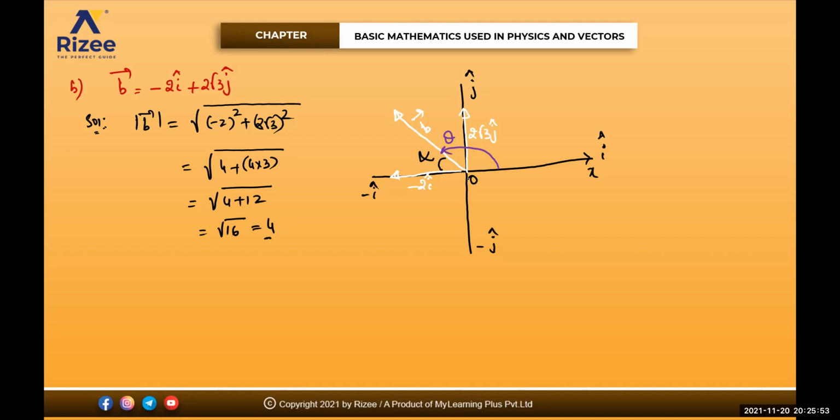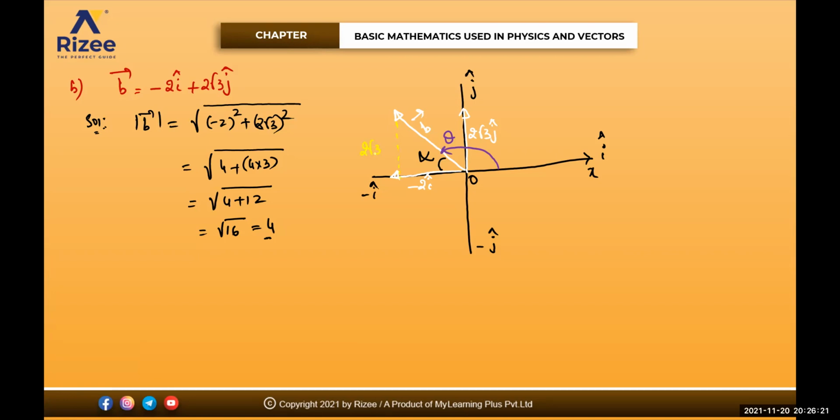Theta is 45? No. 90 plus 45? No. Then you find the value of alpha, beta. Look, from the given figure, this one will also be 2 root 3.